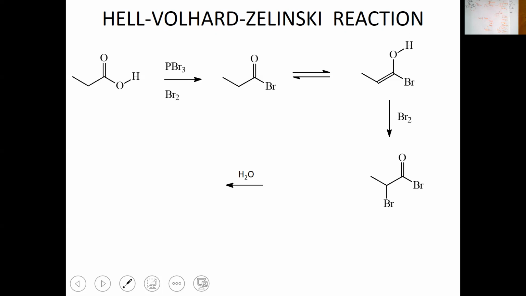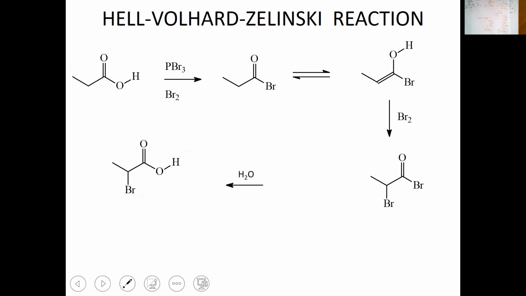And then finally, water in the end does hydrolysis, but hydrolysis on your acid bromide, not your alpha bromine. So there's our final product. Mechanistically, could we draw it? Yeah, potentially, kind of, sort of. Do we need to be able to? Nah.